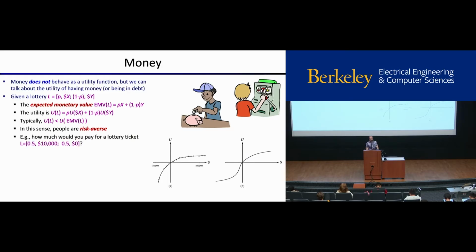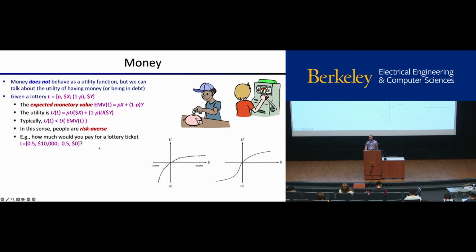So here's an example. How much would you pay? Think about this in reality. How much would you pay me, coming up right now, for a lottery ticket where it's 50-50, you get nothing or $10,000? Knowing your financial situation, would you come up here and say, I will give you $5,000 for this, which is the expected monetary value of this lottery?